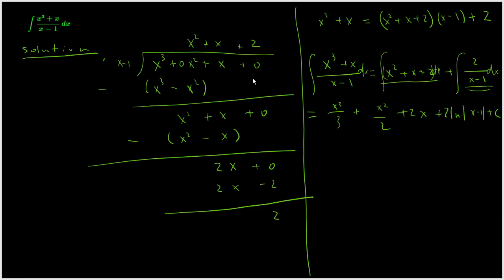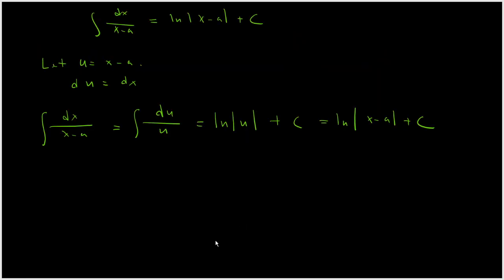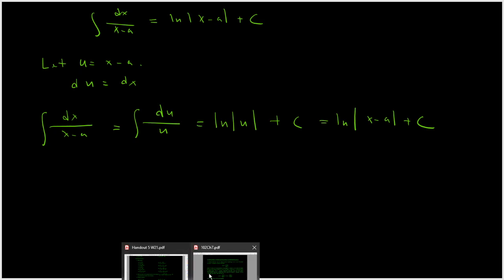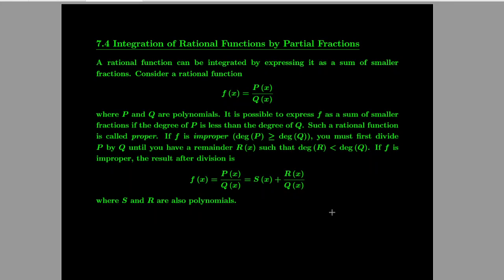Now we only need to concentrate on how to integrate a proper rational function. By a proper rational function, we mean a quotient of two polynomials in which the degree of the numerator is less than the degree of the denominator, strictly less than. I think we have seen this.